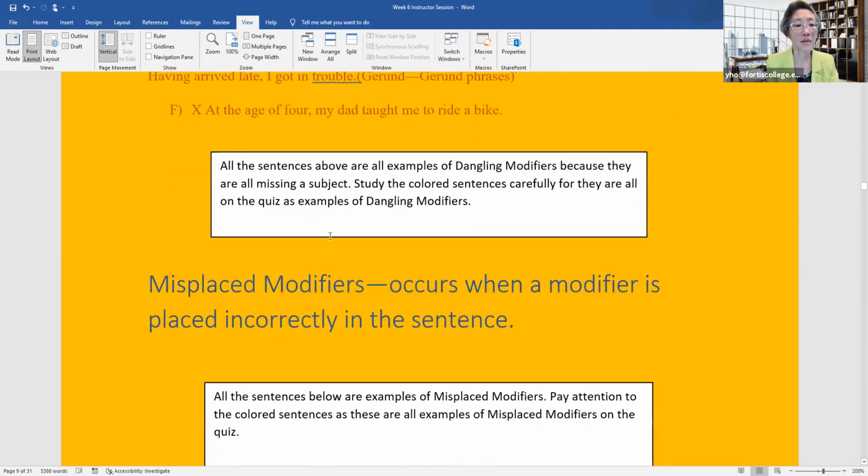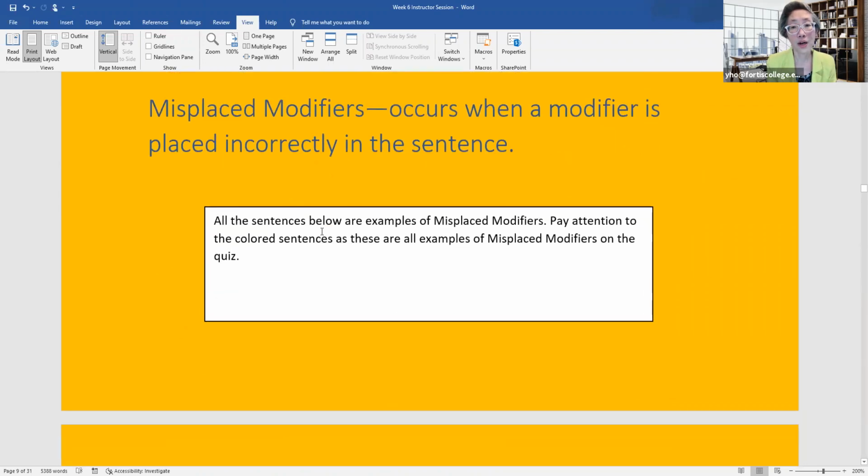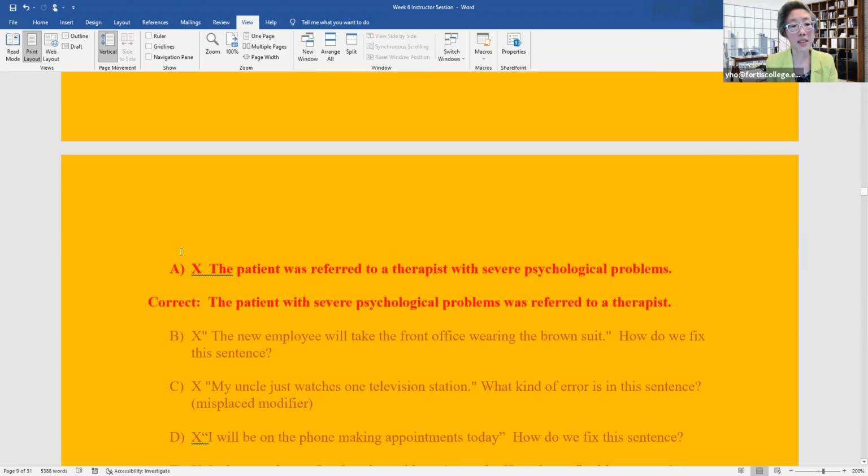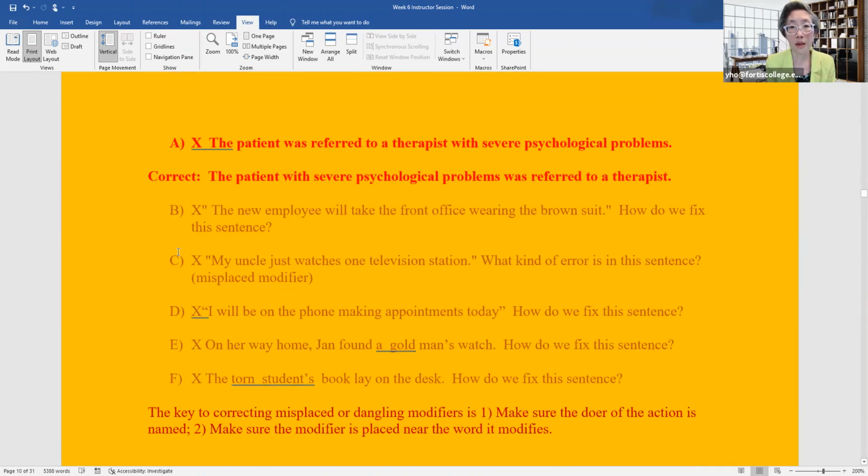And so a misplaced modifier occurs when a modifier is placed incorrectly in the sentence. So here you have some examples of misplaced modifiers. The patient was referred to a therapist with severe psychological problems. So you're going to take your patient to a crazy therapist?